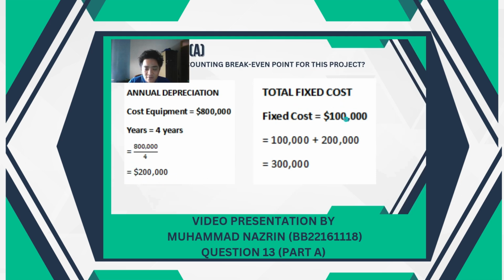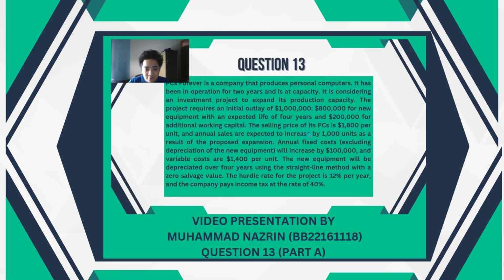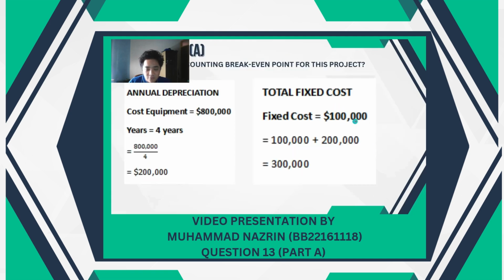The total fixed cost: the annual fixed cost, including the depreciation for the new equipment, increased by 100,000. So we add 100,000 plus 200,000 and get 300,000.